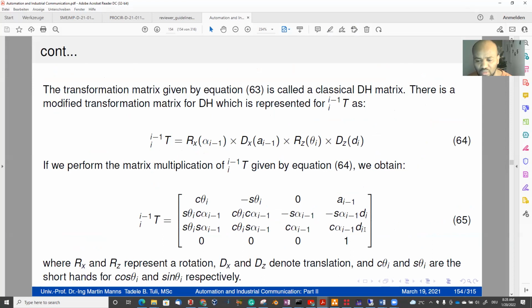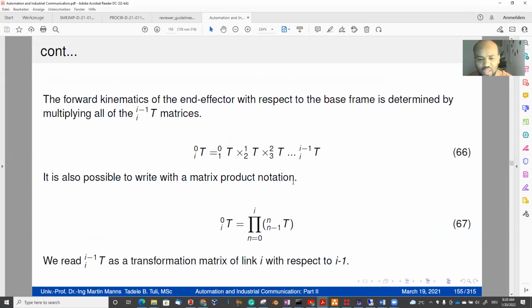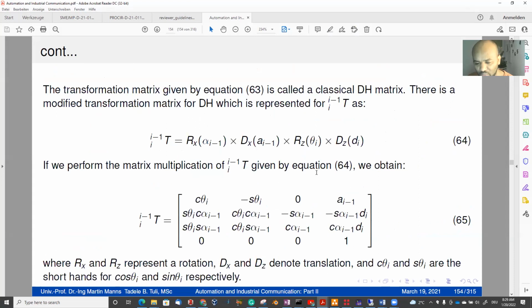This is completely different, but finally the product of all the homogeneous transformation matrices will give you the same value. Individually it is not the same, but finally it will give you the same value. Did you get my point? Yeah, yeah.